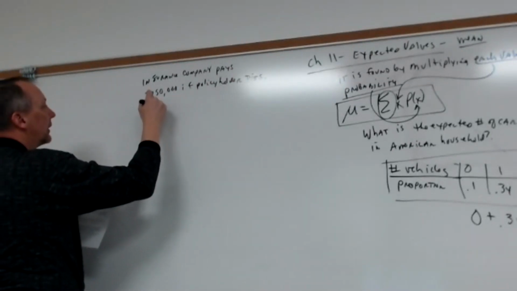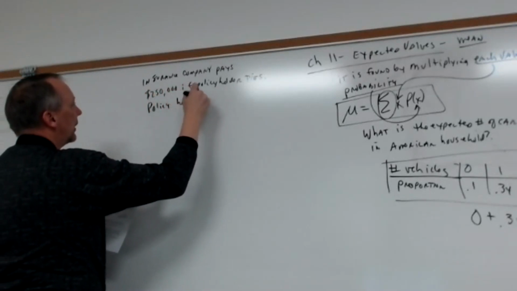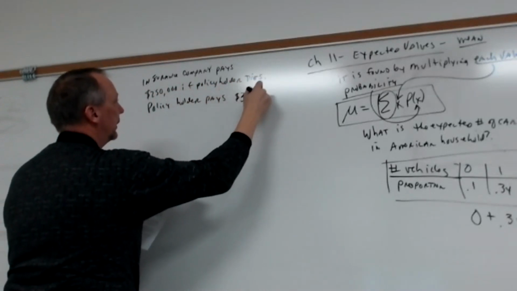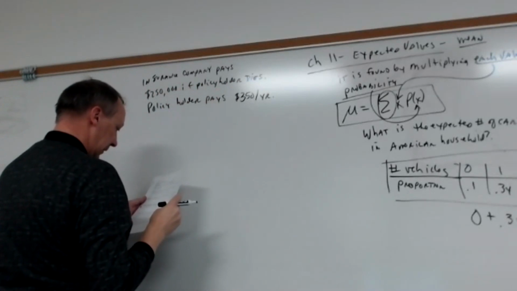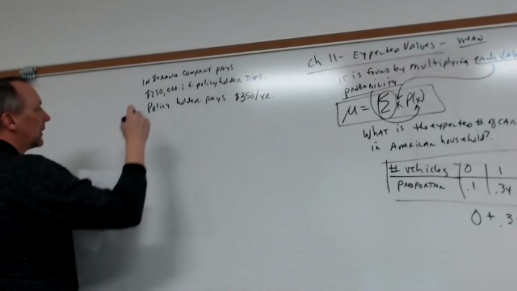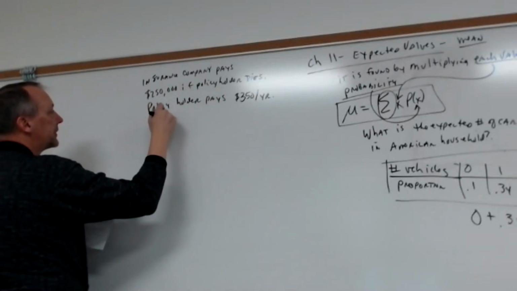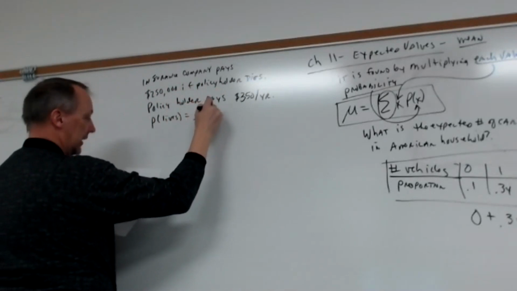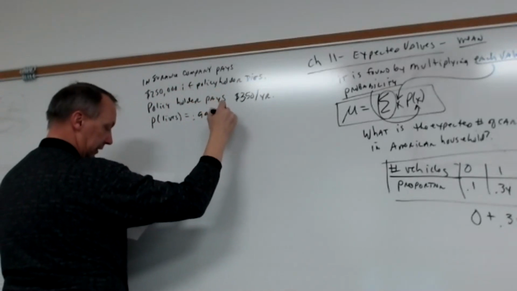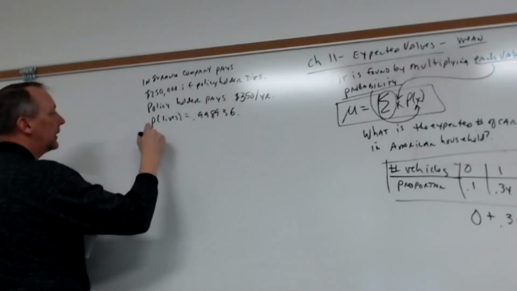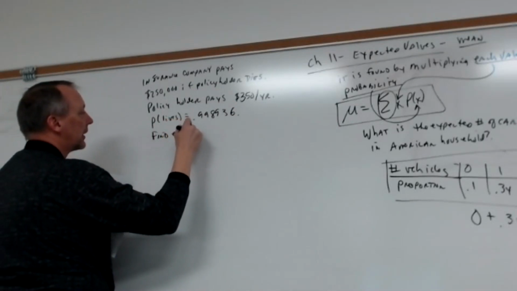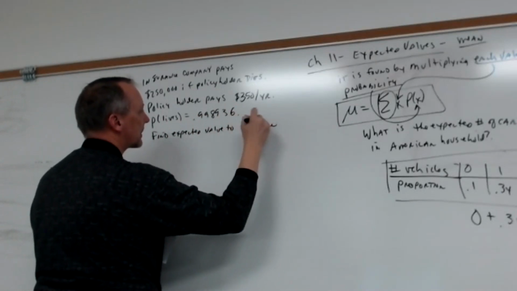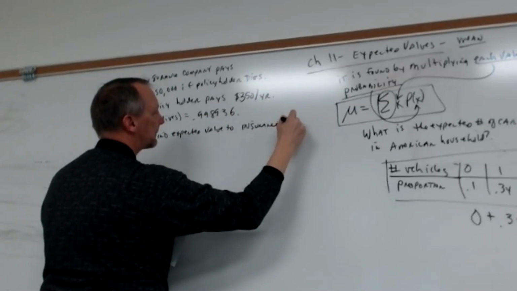The policyholder pays $350 per year. Probability that he lives equals 0.998936. Find the expected value to the insurance company.